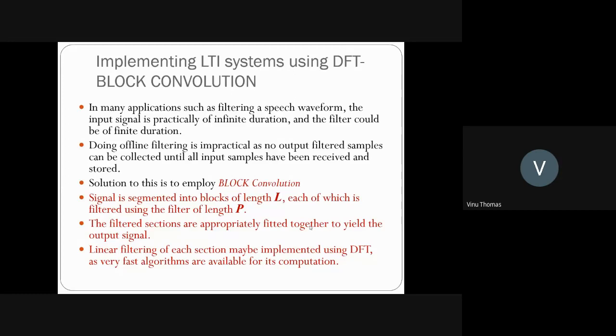So even the simplest of semiconductor devices, a transistor or a diode, is not going to be a linear system.